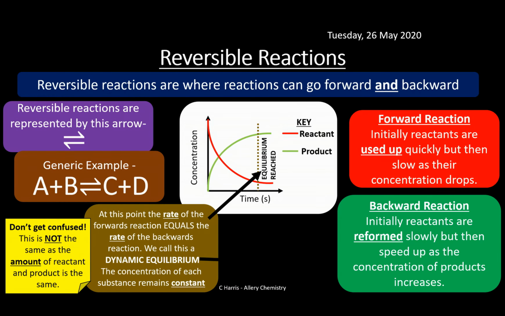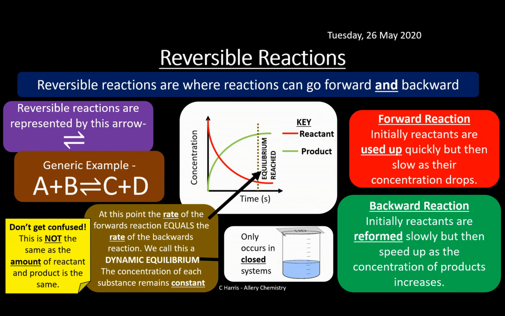So what do we mean by a dynamic equilibrium? Well, dynamic equilibriums only happen in closed systems. What that means is that if we're allowing this reaction to occur, we've got to make sure that our reaction happens in this beaker, and products and reactants are allowed to react in here.